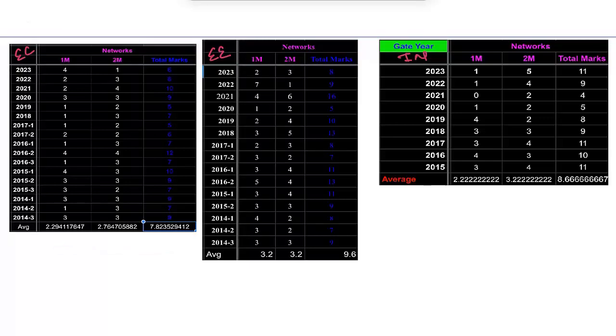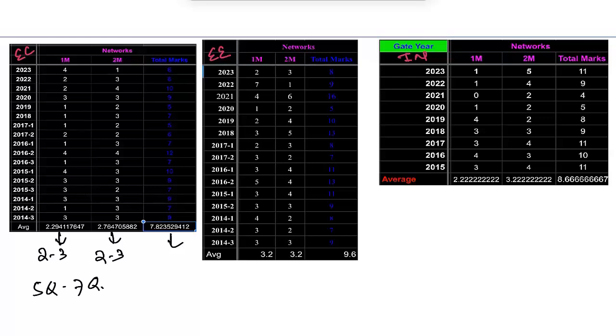In the electronics branch particularly, the number of 1 mark questions is around 2 to 3. The number of 2 mark questions is also around 2 to 3. And the average weightage is 7.82. So on an average, you get around 5 to 7 questions.